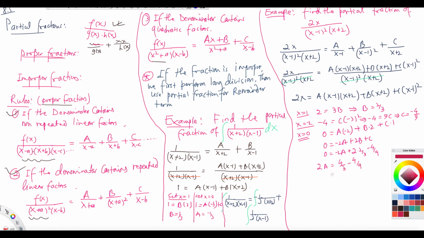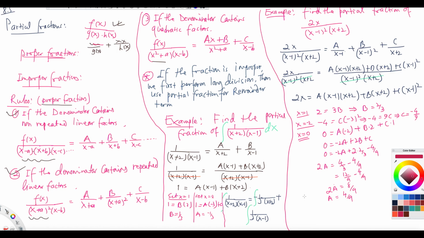What do you get? So that will be 4/3 is 12/9, right? I multiply top and bottom by 3 to make the same denominator, minus 4/9. So 12 minus 4 over 9 is 8/9, right? So 2a equals 8/9. What is a then? a will be 4/9. If you divide by 2, you will get 4/9. That is the value of a.